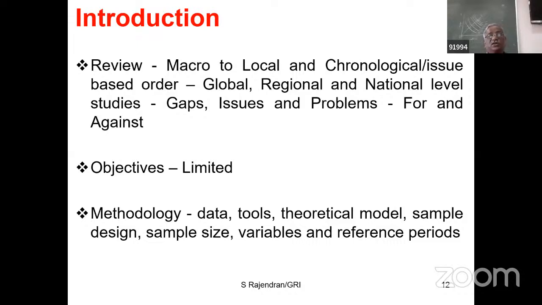Also the tools that you have used for collecting data, the tools you have used for analyzing the data, and the theoretical and conceptual framework that you have applied in your report and extracted for the present paper. Sampling design, sampling size, the variables, and also the reference periods. These need to be directly related to the title of the paper.